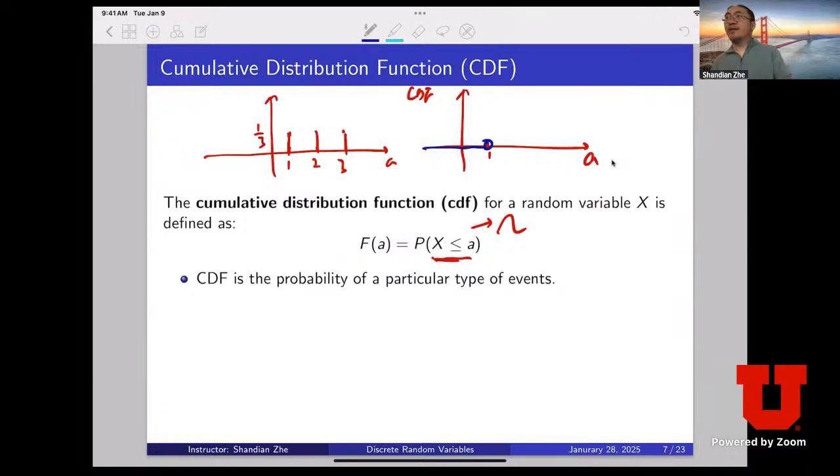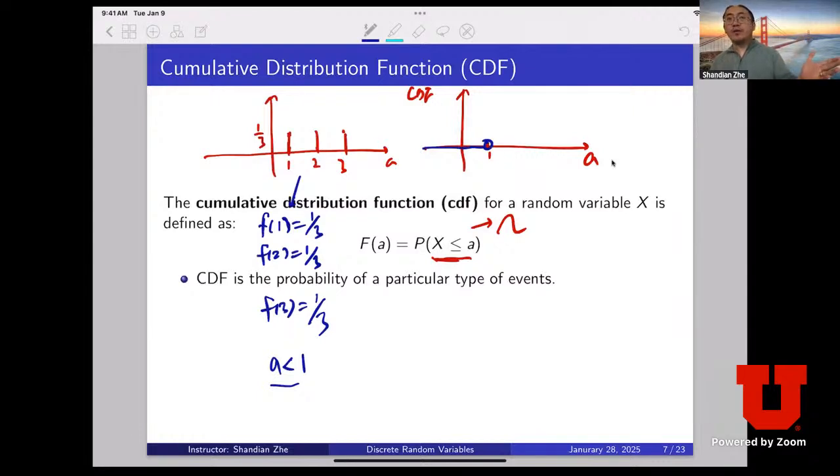Yes, exactly, right? So as we mentioned, in this case, you have only 3 values. F1 equals 1/3, F2 equals 1/3, F3 equals 1/3, right? So that means when A is less than 1, there won't be any elements in the sample space whose evaluation is less than 1, right?